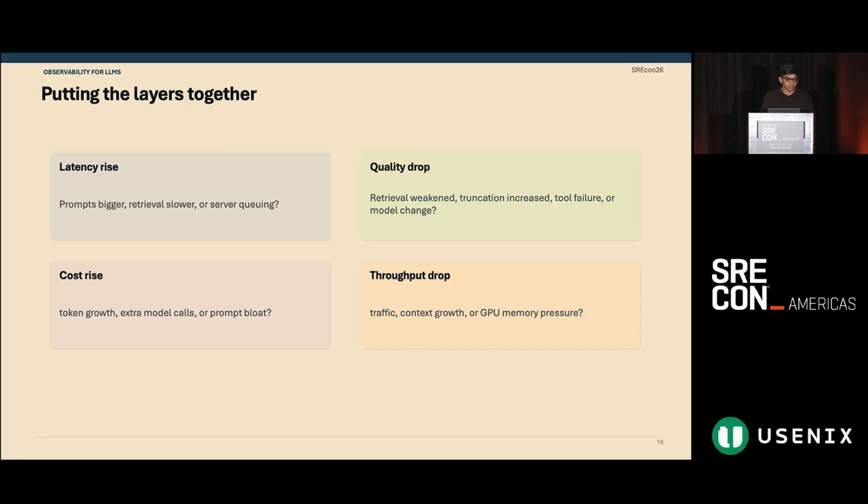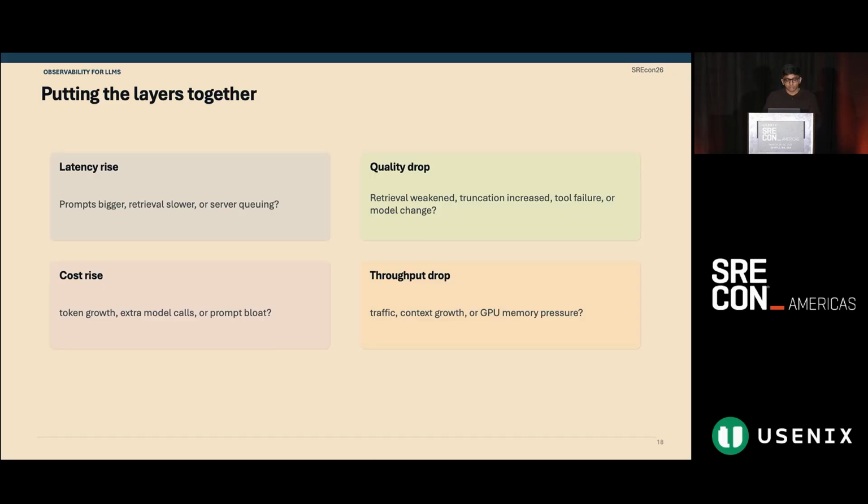So, putting the layers together. For instance, if we observe a rise in latency, that could be because the prompts might have gotten bigger, retrieval might be slower, or there might be lots of requests being queued. Another example could be that we observe a drop in quality.